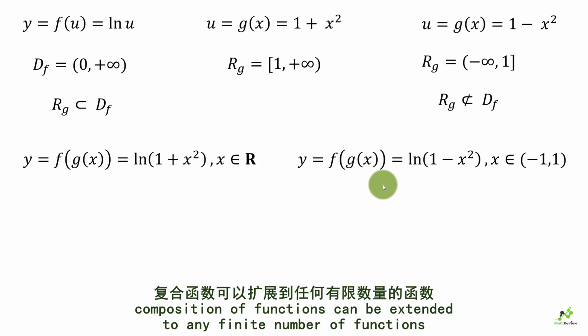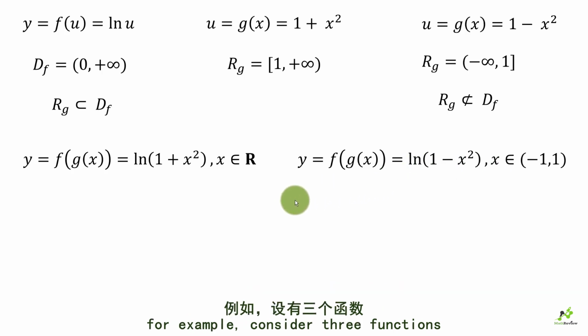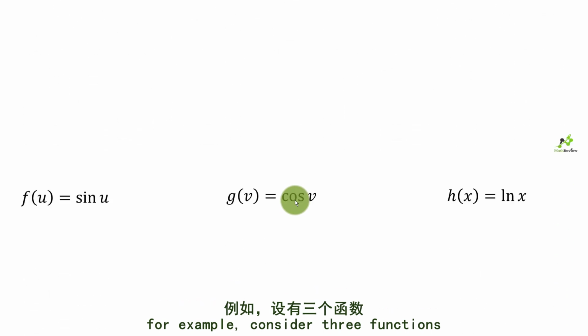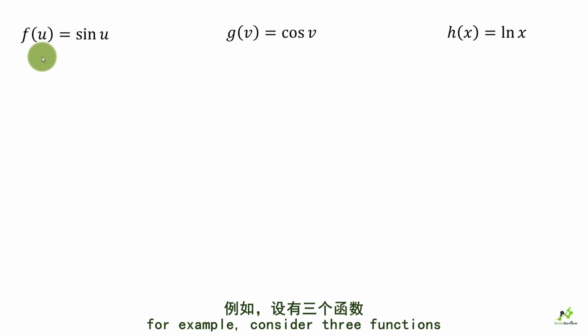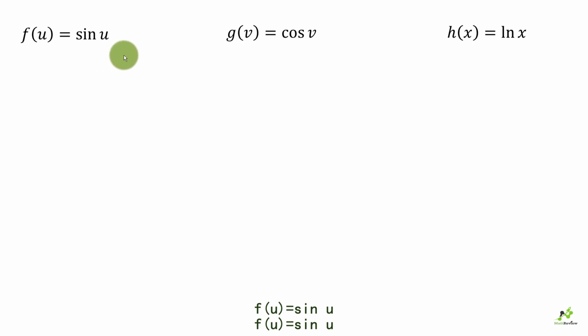Composition of functions can be extended to any finite number of functions. For example, consider three functions: f of u equals sine of u, g of v equals cosine of v, and h of x equals ln of x.